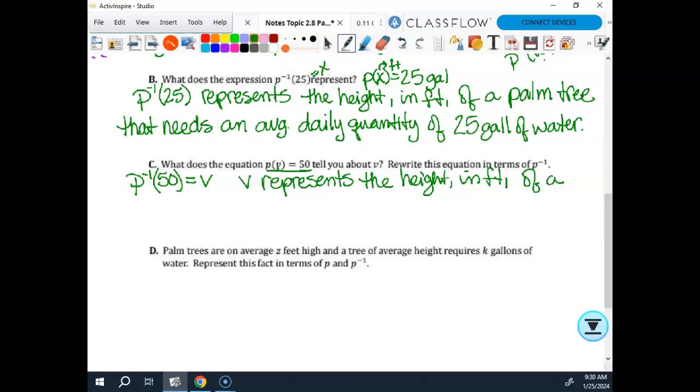So if you want to reword that in your own words, I'll write mine and then we can see if we agree.